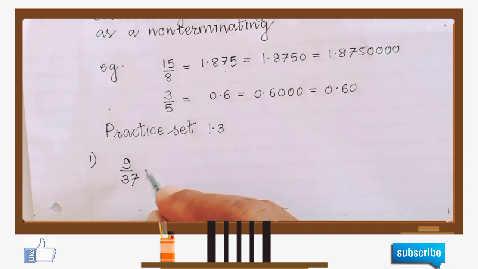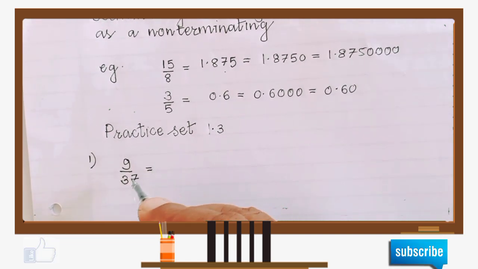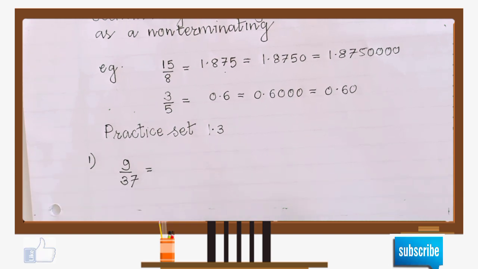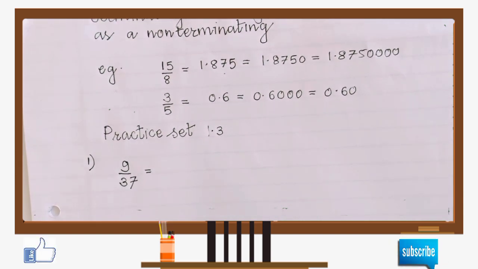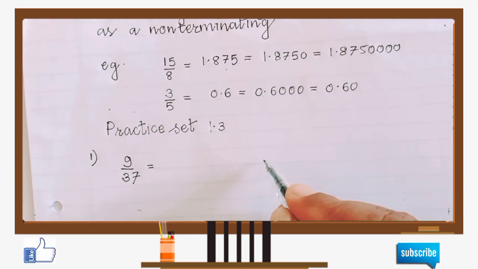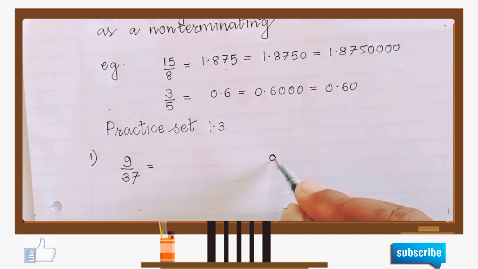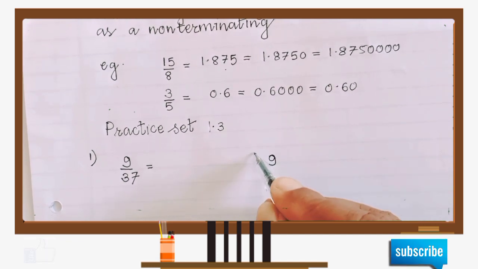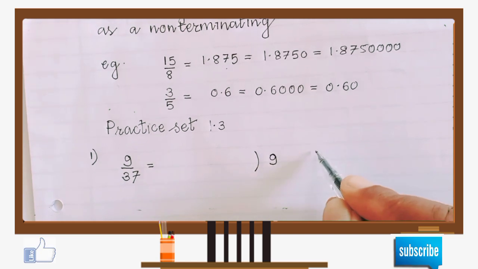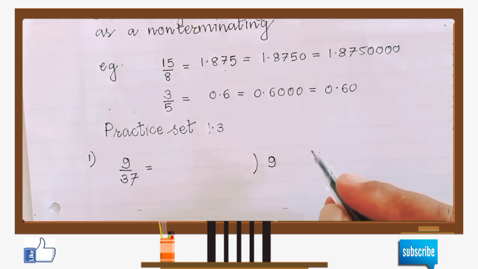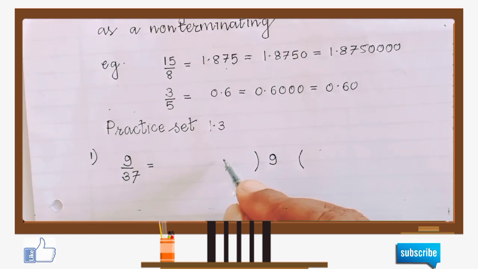Here we have to divide 9 by 37. You see here, this is our 9 and we are going to divide by 37.